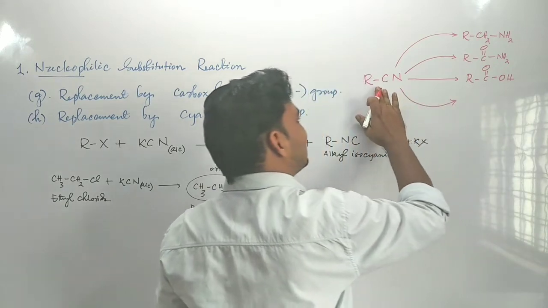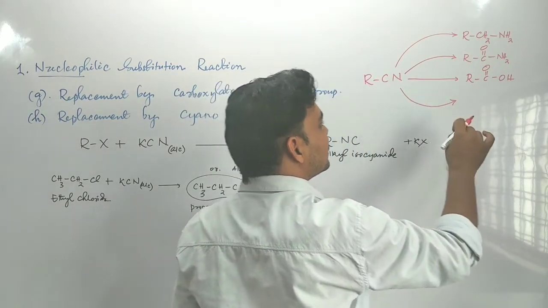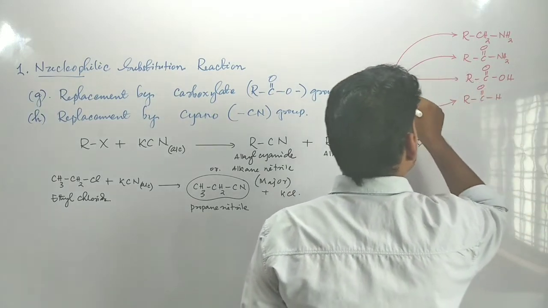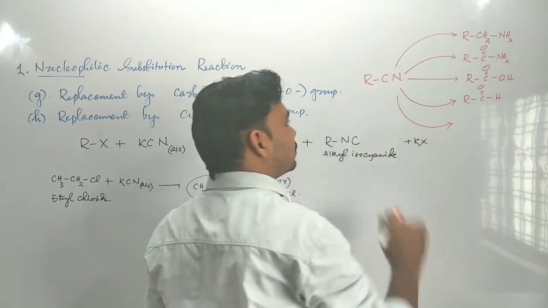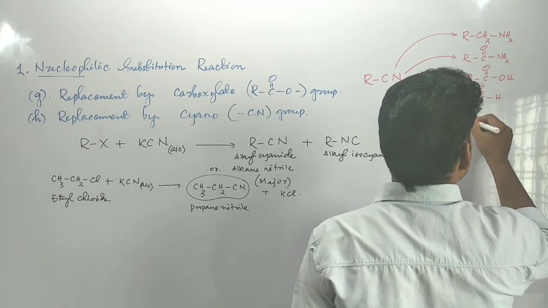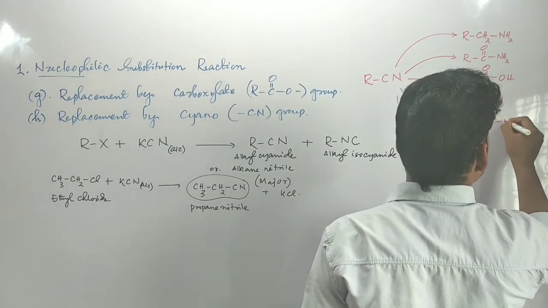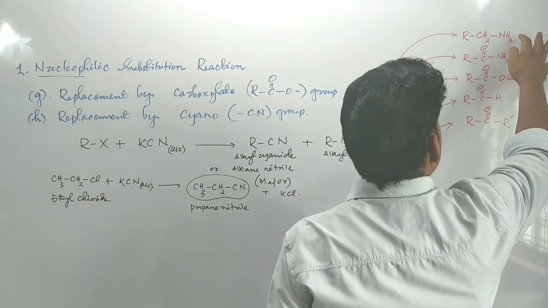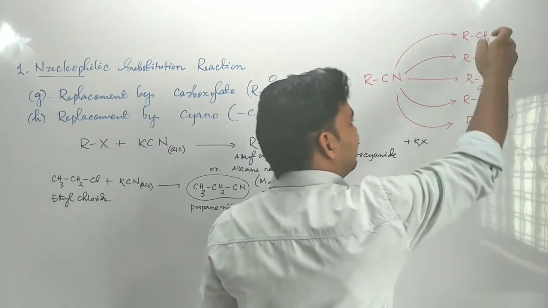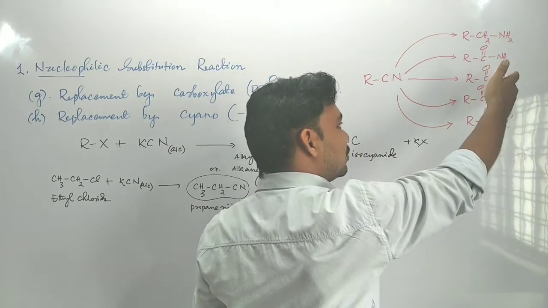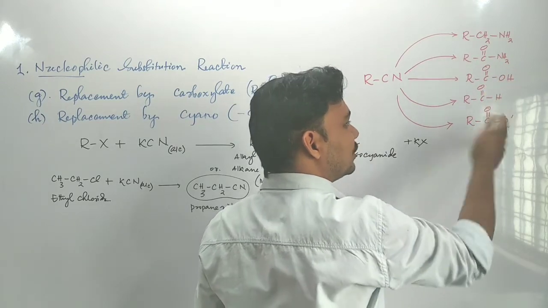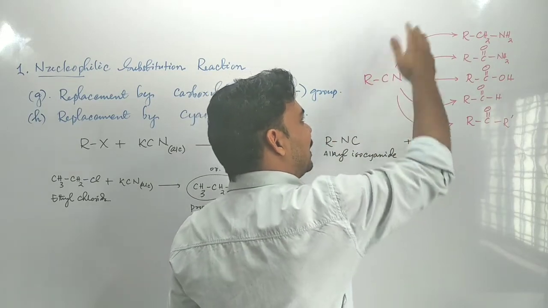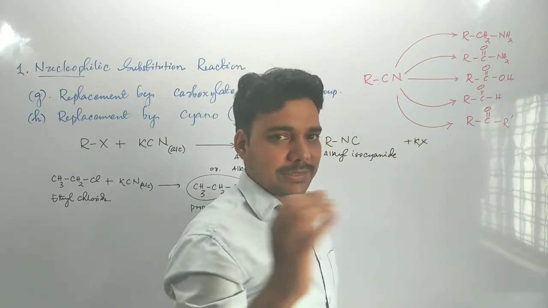When alkyl cyanide is taken in Stephen's reaction, we will get aldehydes, and by treating these compounds with Grignard's reagent, we will get ketones. So in this way, we can prepare several important organic compounds like primary amines, amides, carboxylic acids, aldehydes, ketones from alkyl cyanide by various chemical processes.